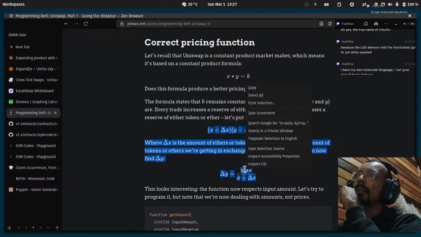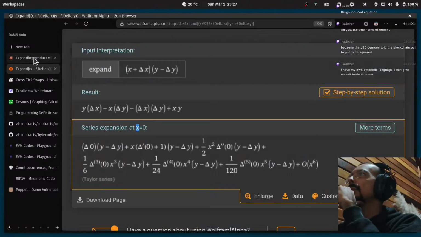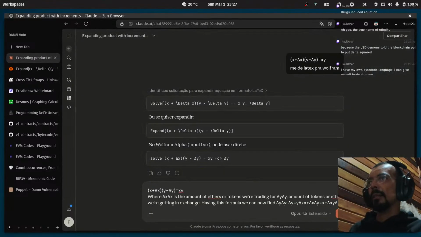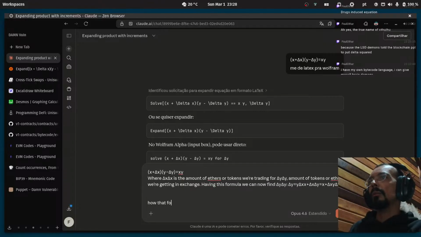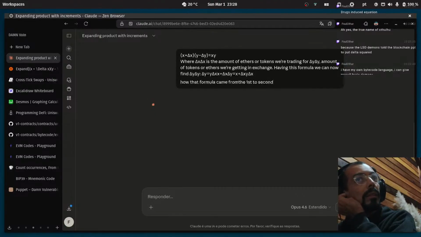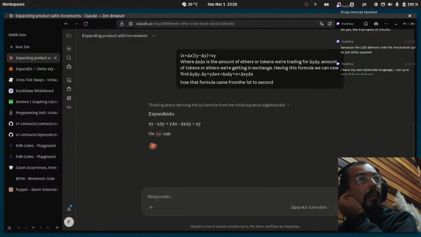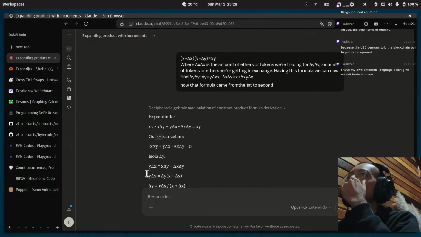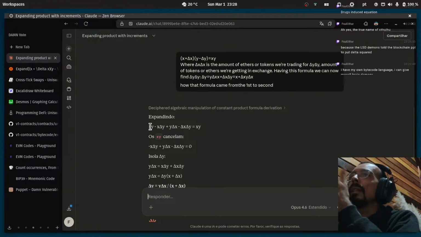I think if I take this and put it here and ask how that formula came from the first one to the second. Drugs-induced equation. Yeah, kind of. Mathematicians are kind of crazy, right? So the expanded is expanded.